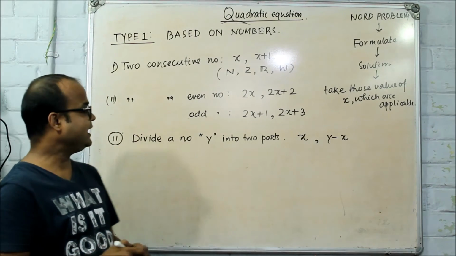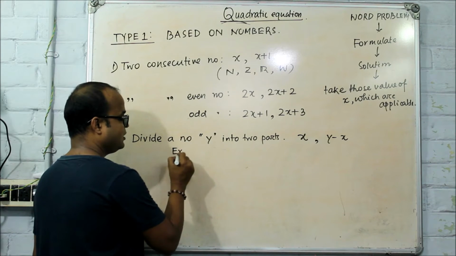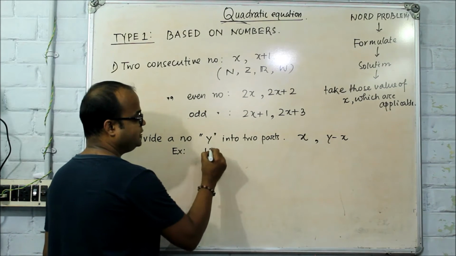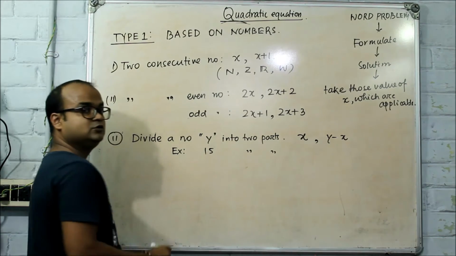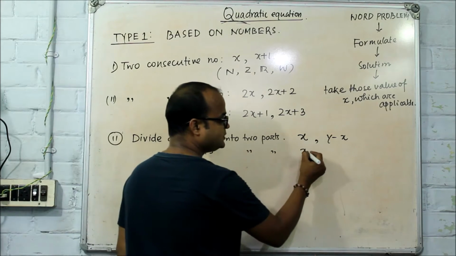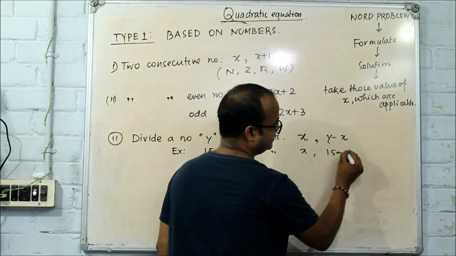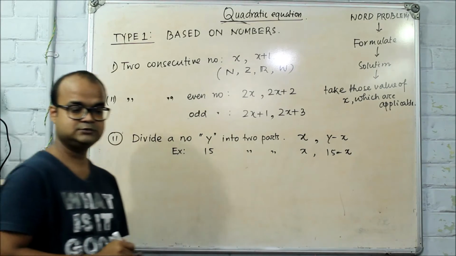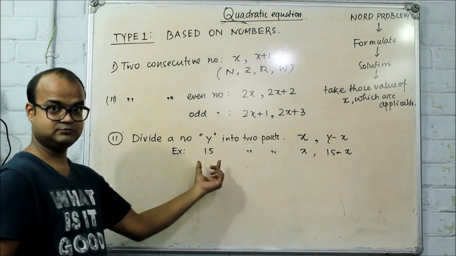Suppose divide a number 15, for example, divide a number 15 into two parts. So you start your problem with let x and 15 minus x be two numbers. Clear? Because the sum is given.